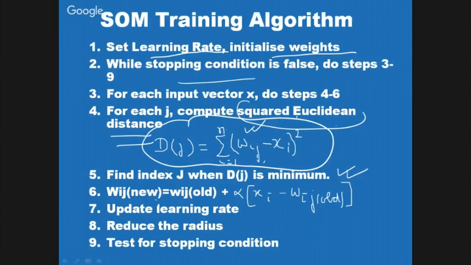And finally we have to update the weight. That is different here, because in vector quantization we did not have any weight updation. Now what will be the weight updation? Wij new will be Wij old plus the delta rule.